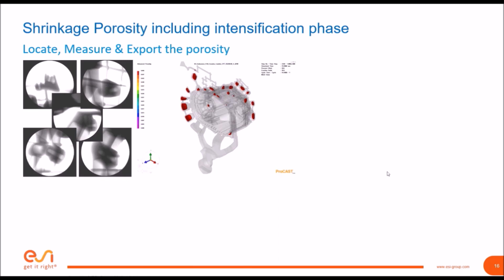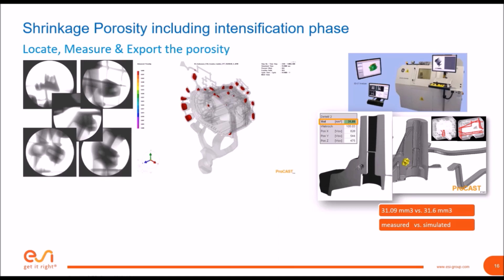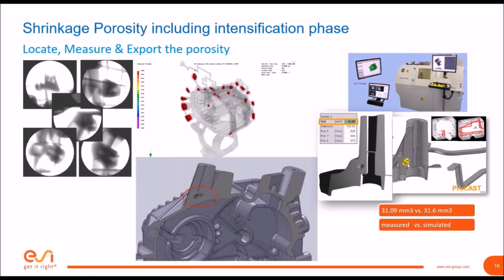So the goal is not only to predict the locations of this porosity, but to also accurately measure it and compare with the measurements available today in the industry, with these tomography machines, where they are able to compute exactly the size of the porosity, and if required, to also export this porosity into the CAD, to understand the implication for machining post casting.